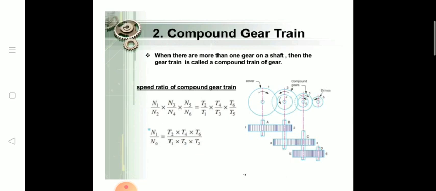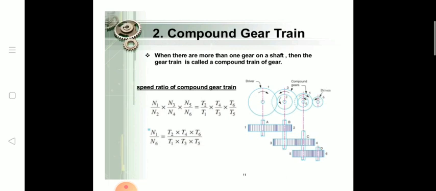Let's see here in the figure, gear number 2 and gear number 3 are on the same shaft, right? So the rotational speeds of gear 2 and gear 3 are equal, so n2 is equal to n3. Similarly, gear number 4 and gear number 5 are on the same shaft, so the rotational speeds are the same for gear 4 and gear 5.